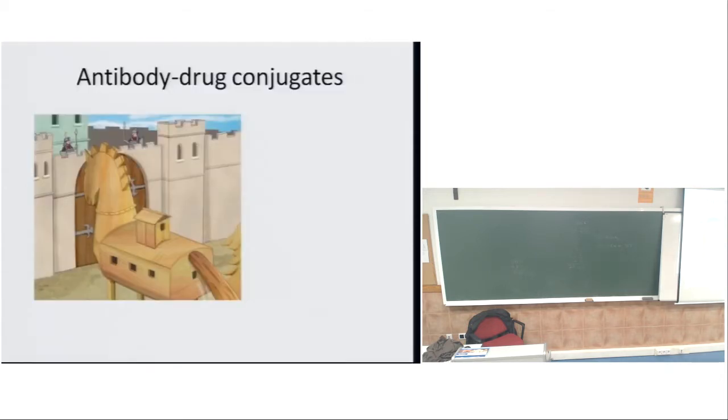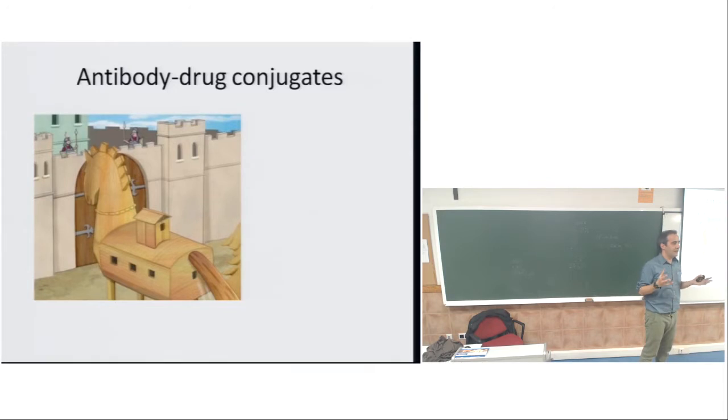No problem with that. In all these strategies, I want to put an example to make it easier to understand. So this strategy of adding toxins to the monoclonal antibody would be like the story of the horse of Troy. The horse of Troy wasn't harmful, wasn't lethal outside the city of Troy, but when it entered the city, it released from its belly all these armored warriors that destroyed the city from the inside.